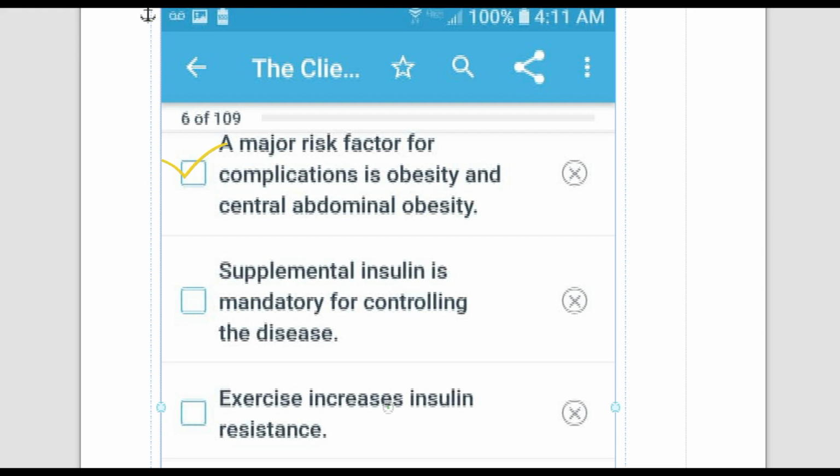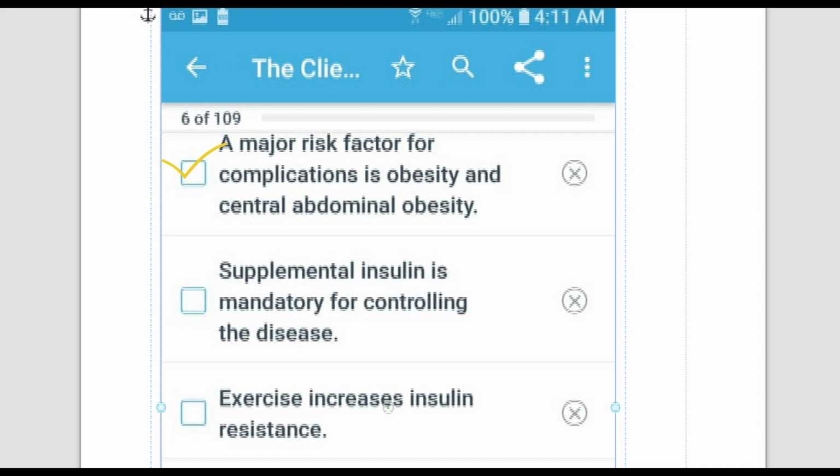This is true. I'm going to pick this because if I tell the client this information and they lose weight, this will be good for their health. This will improve their status. So when you evaluate the outcomes, and we know this is evaluating outcomes because we are including this in a teaching plan, right? So A is a proper choice.